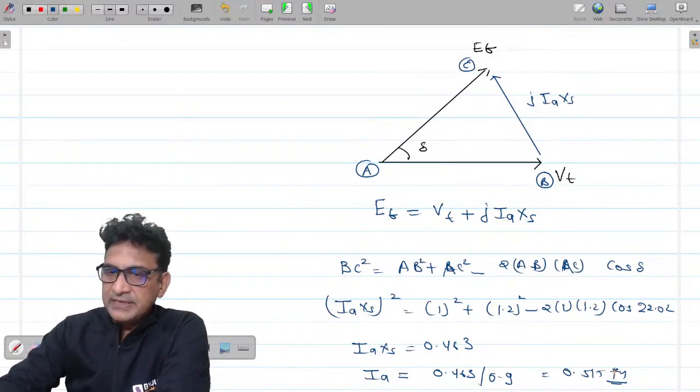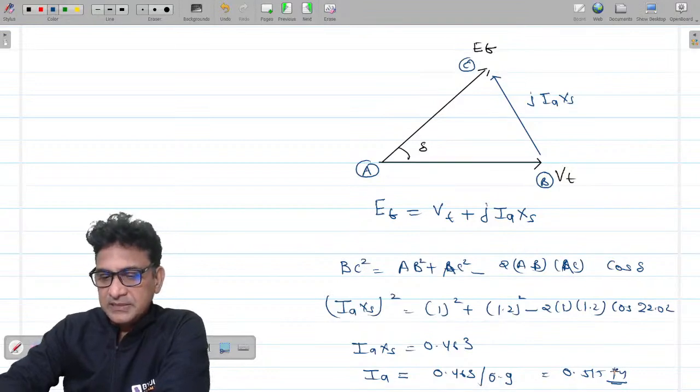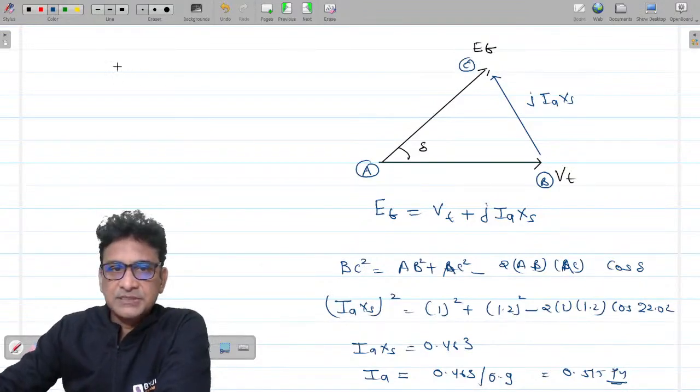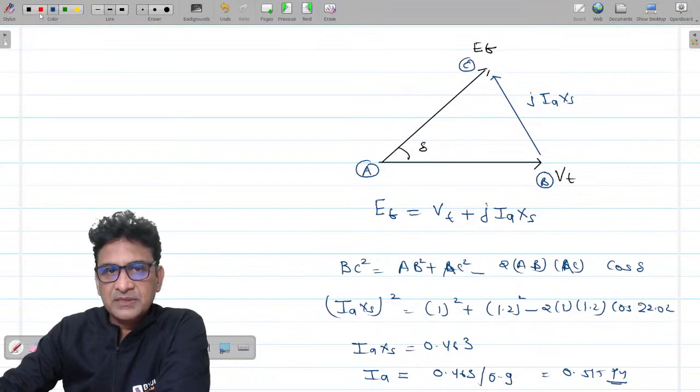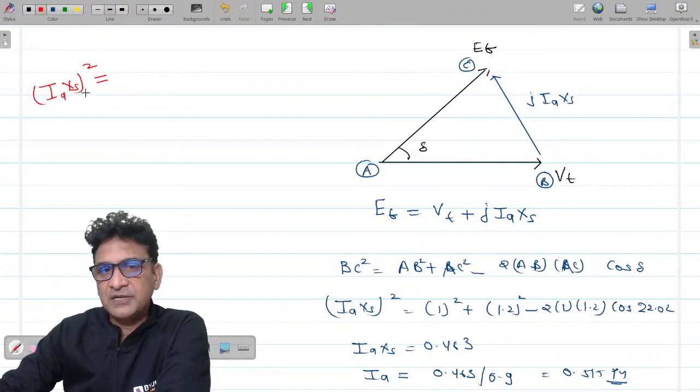Yes, you will get all the PDF in my Telegram channel. See, always remember this formula. It is a very important formula we use in so many numericals to find out the value of Ia. It is applicable for motor as well as generator, because the angle between EF and Vt is always equivalent to delta, whether it is a motor or generator.